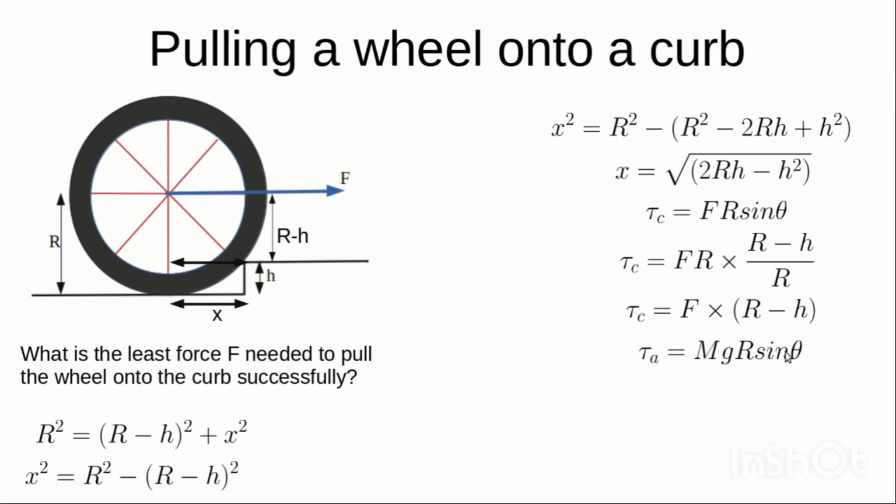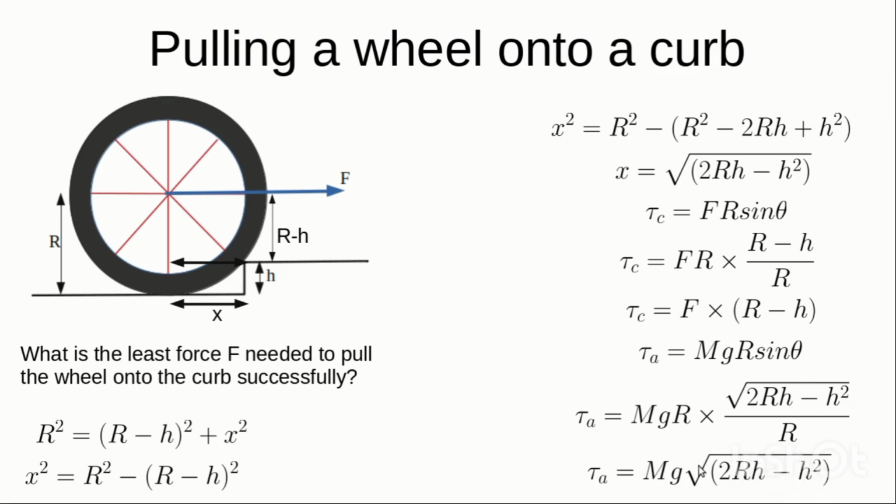What is our sin theta here? This is the angle made with this particular axis. If this is our theta here, then opposite over hypotenuse, this side is x over this r. So we get this expression, x over r. The r cancels r, and then our anti-clockwise torque is given by this.